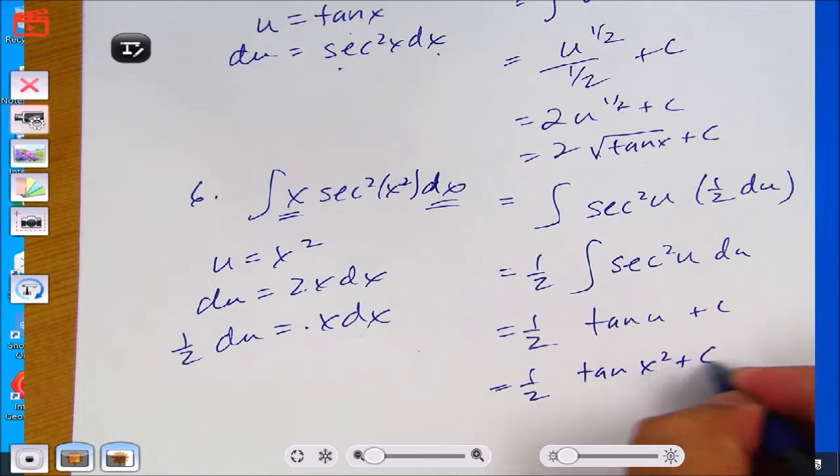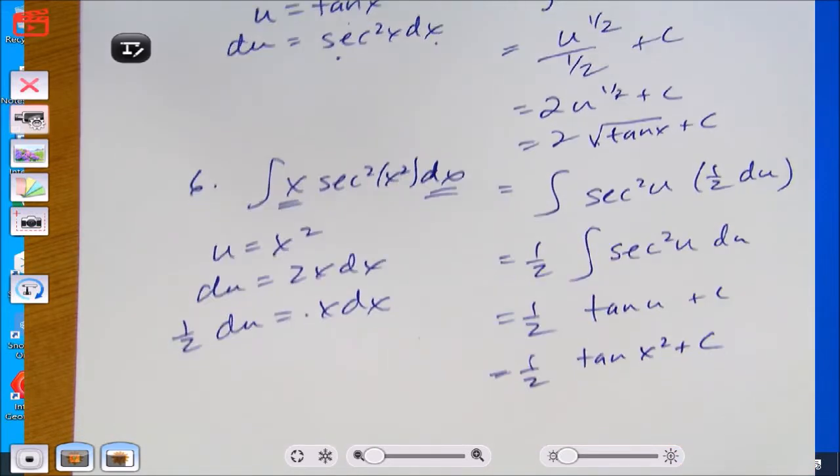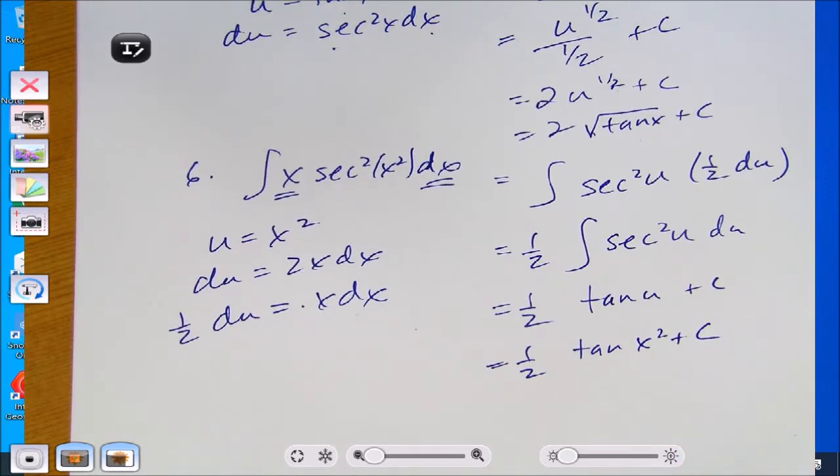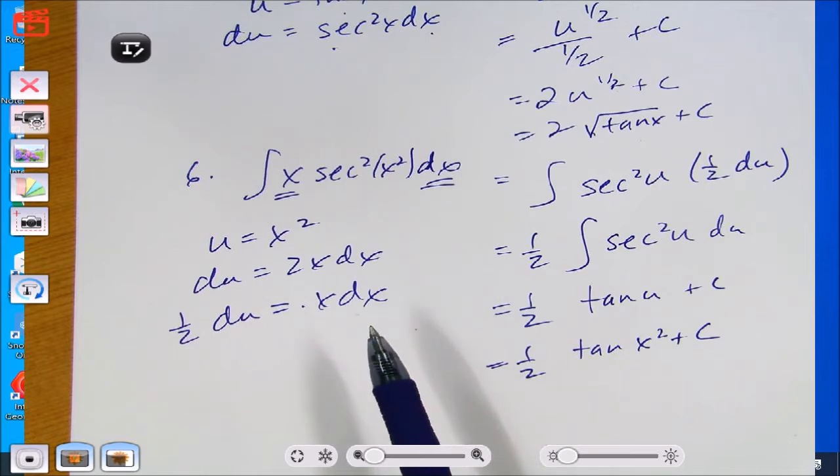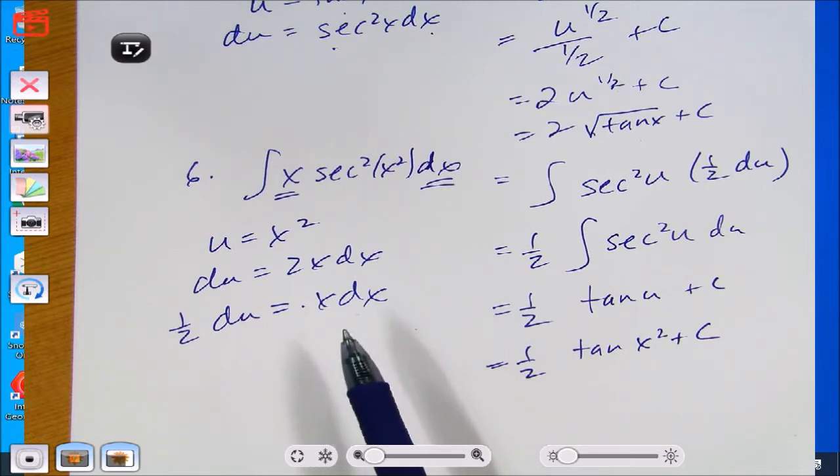I know it's a u substitution problem, but do we have to work it all the way out before we plug it back in, or can we plug it in when we feel comfortable? Here's the thing. This u substitution idea is to change it into something that you recognize.